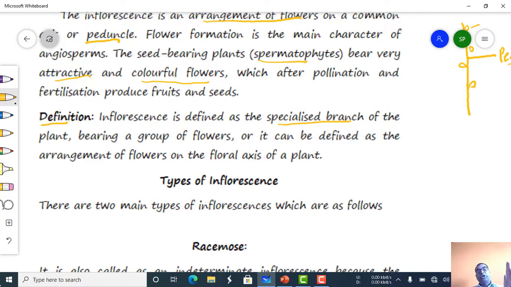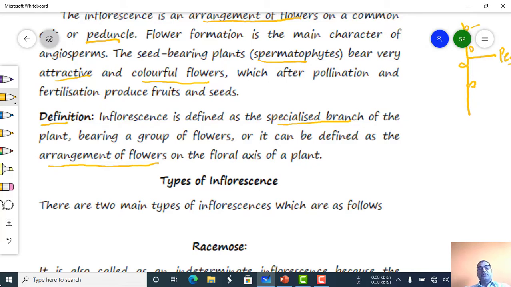Sometimes an individual flower may also represent the inflorescence, which is generally considered a solitary inflorescence, or it can also be defined as an arrangement of flower or flowers on the floral axis of the plant. So a very simple definition: arrangement of flowers on the floral axis is called an inflorescence.